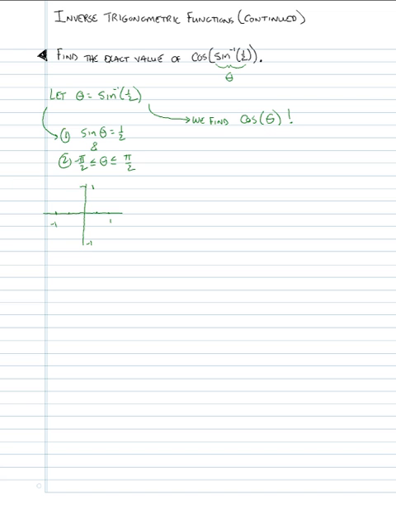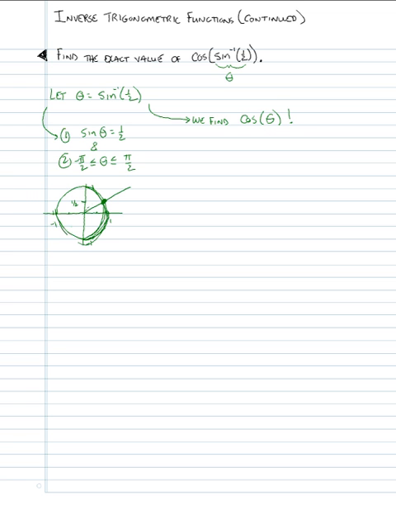So as I draw my unit circle, well, a little sloppy. I apologize for that. But of course, we're looking for an angle that falls between negative pi over 2 and positive pi over 2. Now, here's what we know about that angle: the sine of it is 1/2. And that ends up being where the second coordinate is, and that's going to correspond to this angle.